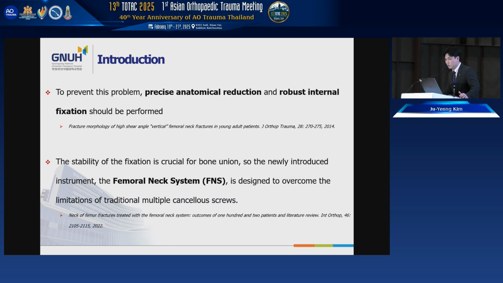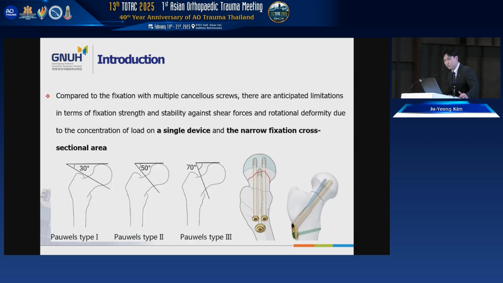To prevent this problem, precise anatomical reduction and robust internal fixation should be performed. The stability of the fixation is crucial for bone union, so the newly introduced instrument, the femoral neck system, is designed to overcome the limitations of the traditional multiple cancellous screws.